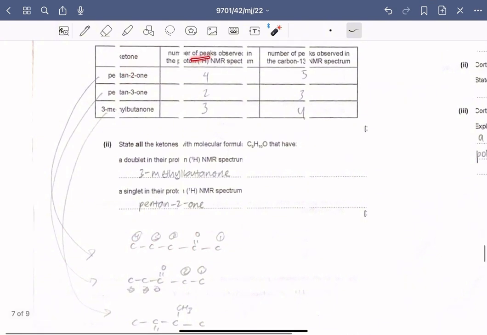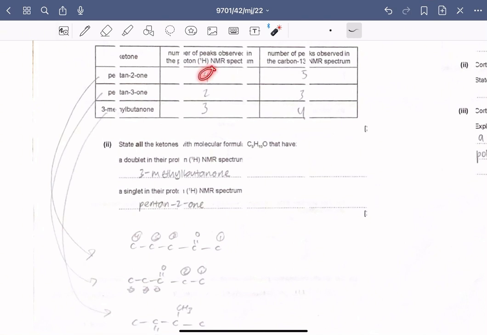So the number of peaks observed in the proton NMR spectrum means how many different atoms have different environments. This is number of proton, this is number of carbon. So carbon, 1, 2, 3, 4, 5, 5 different environments, 5.